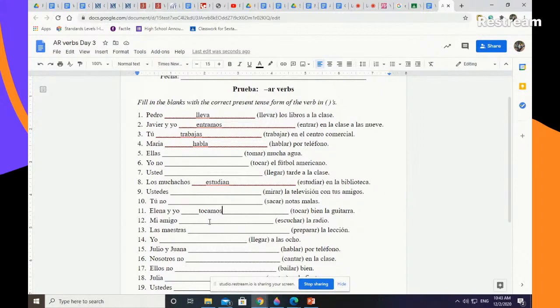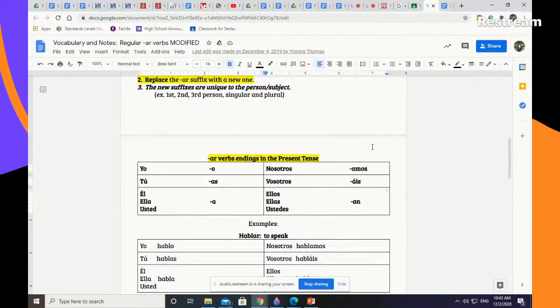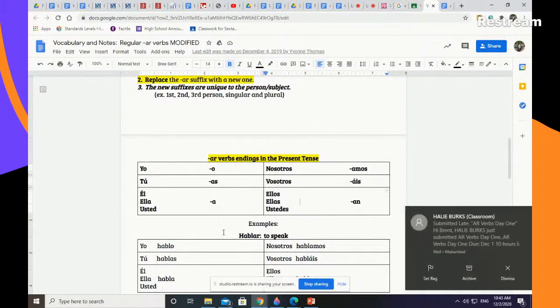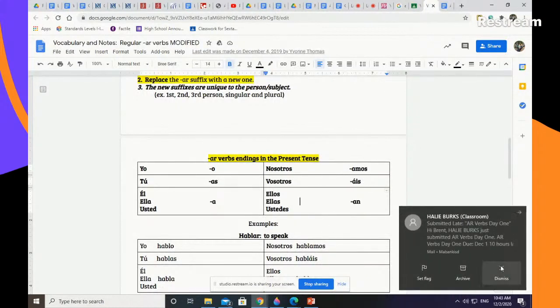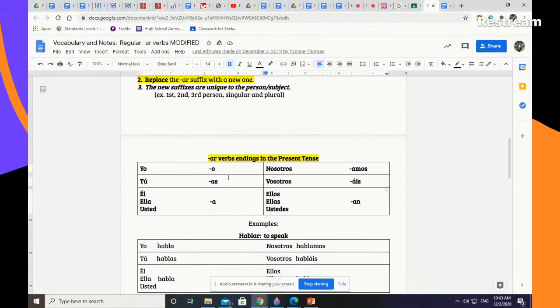Mi amigo is not on the chart. Amigo tells us that it's one friend. So I'm using this side of the chart, not the plural side of the chart. Okay? So I am not my own friend because that would be sad. You are not this amigo because there's no indication that I'm talking to you.